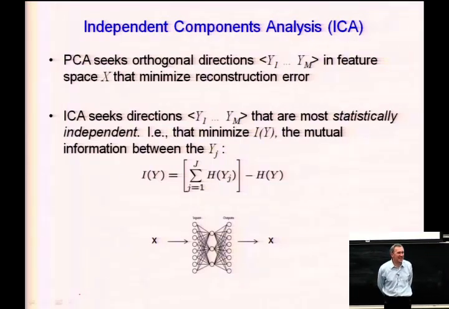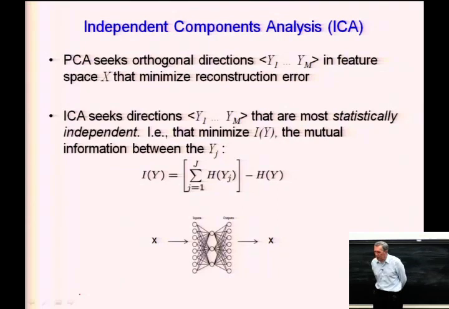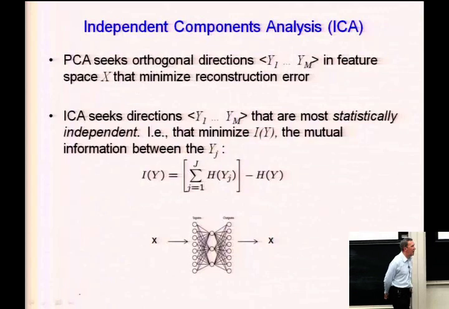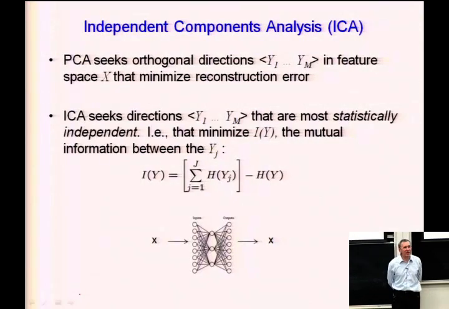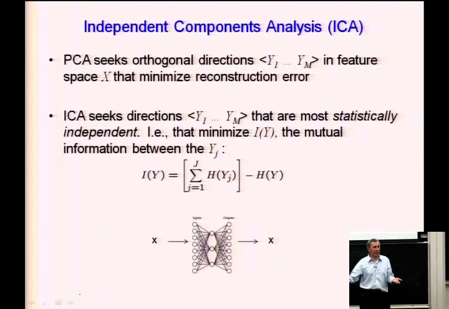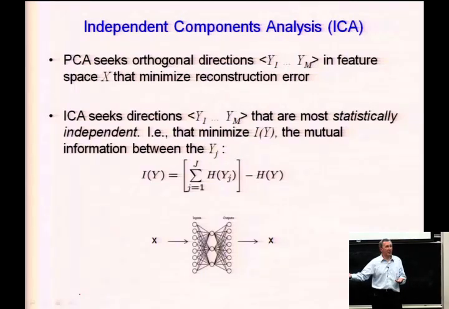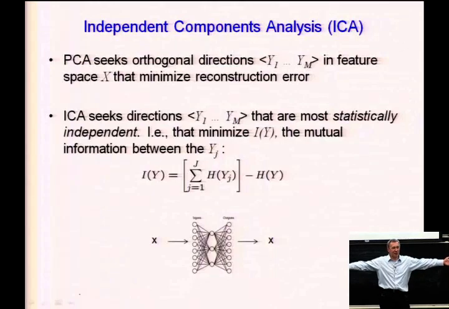Which one is more appropriate? That is a good question. I would say I always feel less nervous if I project things into lower dimensional spaces than if I throw away features. The reason is I'm afraid of throwing away useful information. If I have 10,000 features, think about those face images.